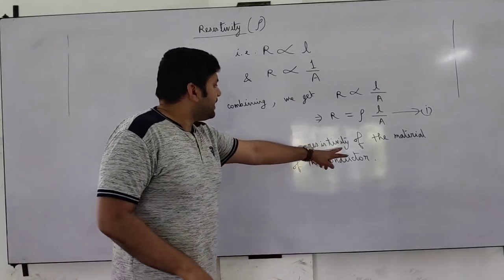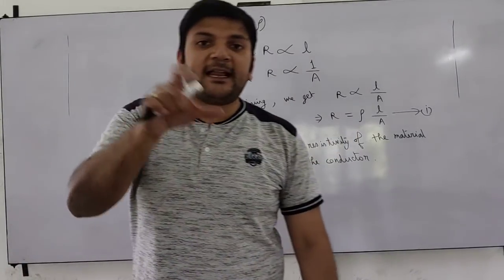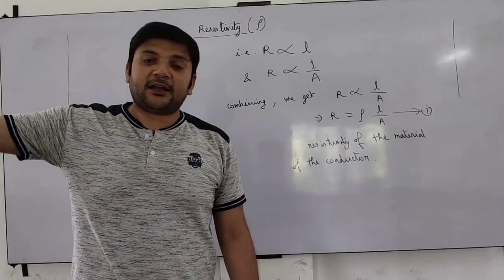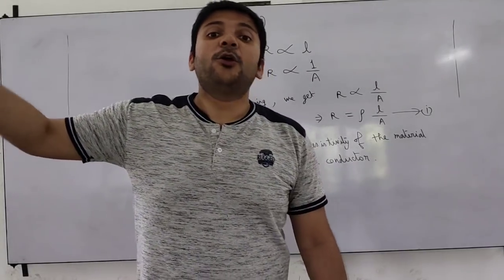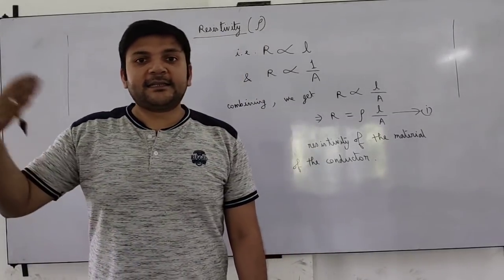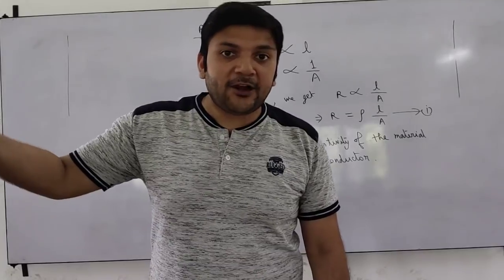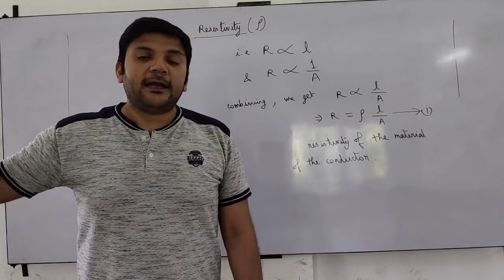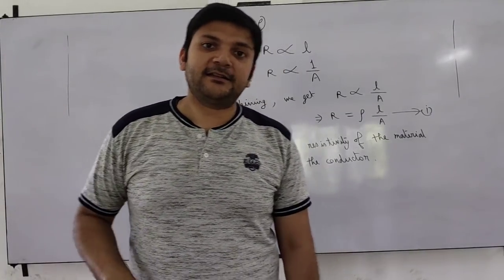That means resistivity of the material. Material means a conductor made of aluminum, copper, iron, etc. Resistivity of aluminum, resistivity of iron, and resistivity of copper are different.